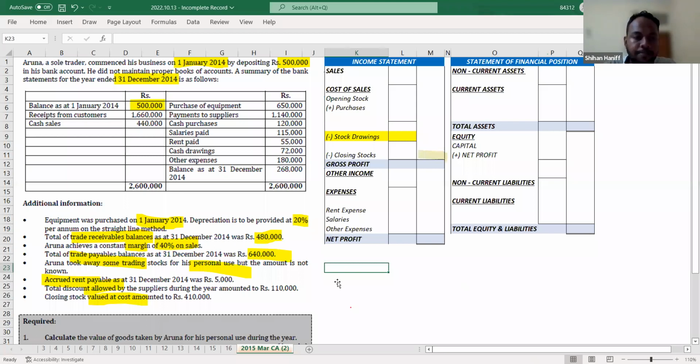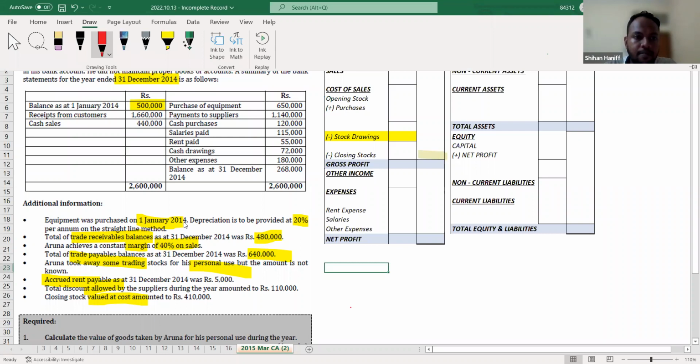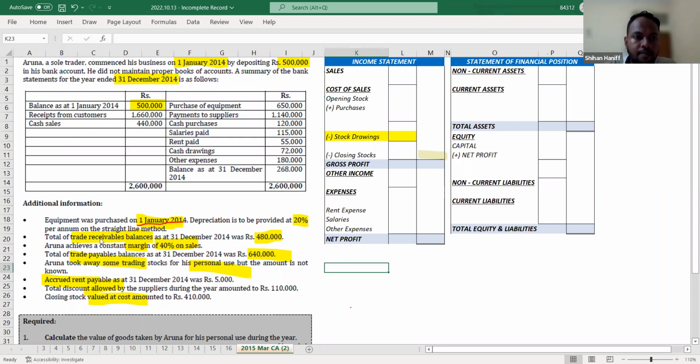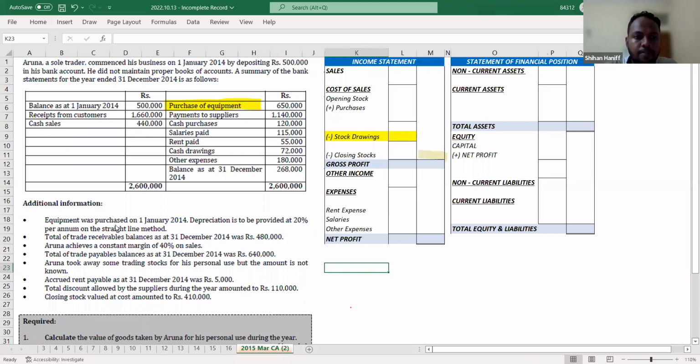Number one. Equipment was purchased on 1st of January 2014. So let's do one by one. Purchase of equipment, 650,000. It's purchased on 1st of January. Depreciation is to be provided at 20% per annum on straight line method. So let's calculate the depreciation.